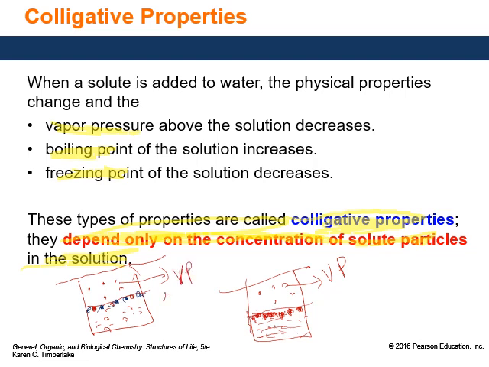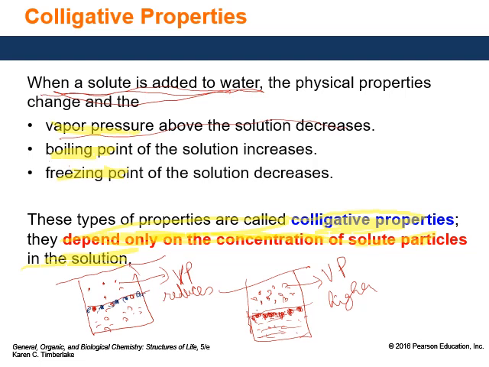The vapor pressure reduces, whereas in case of pure, there would be a lot more molecules of the solvent that have converted into vapor, so vapor pressure is going to be higher. So vapor pressure above the solution decreases when a solute is added to water. Whenever a solute is added to water, vapor pressure would decrease.